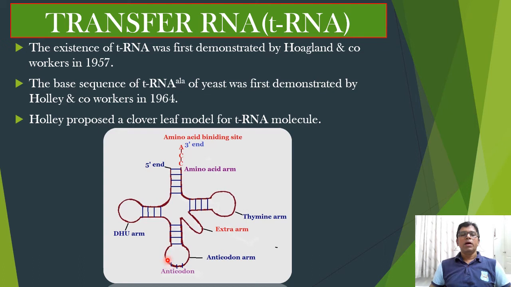A triplet, the anticodon, is present in the loop of the anticodon arm.